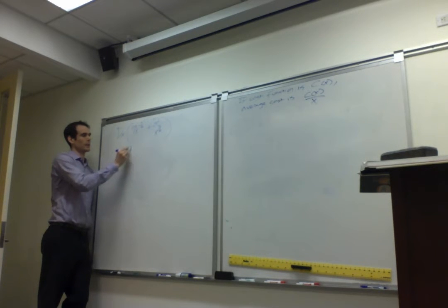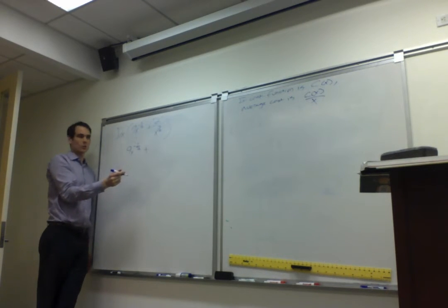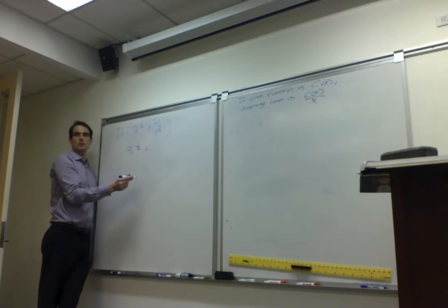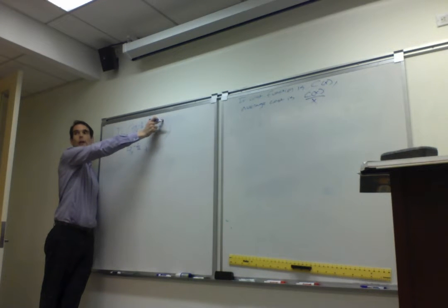So 9x raised to the negative 1/2. What do we do with this? How do we make that easier to use the power rule on it? This is in the denominator, which means we can put it in the numerator with a negative sign on it.